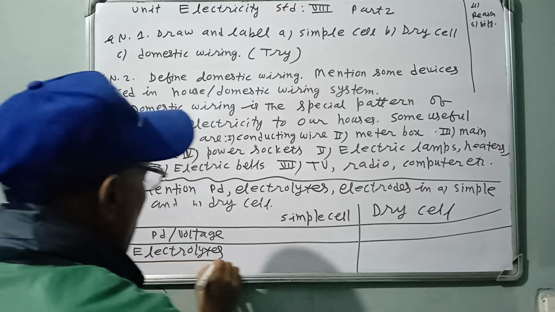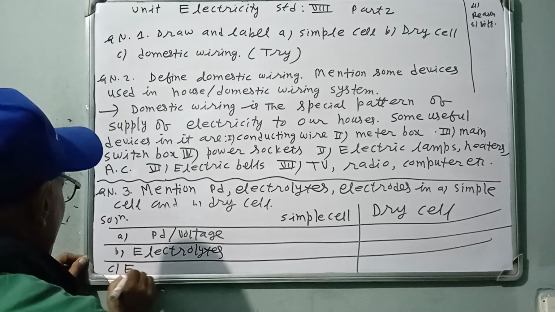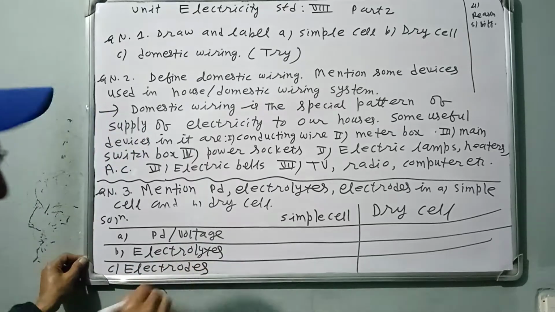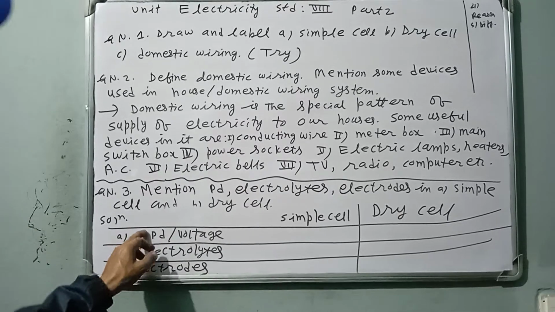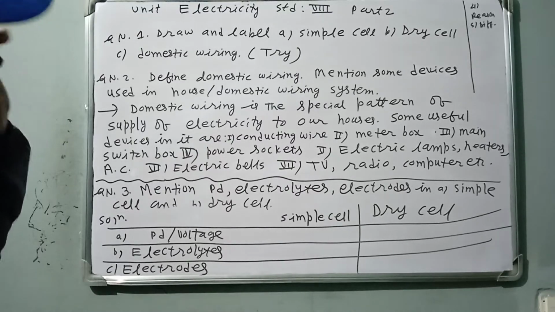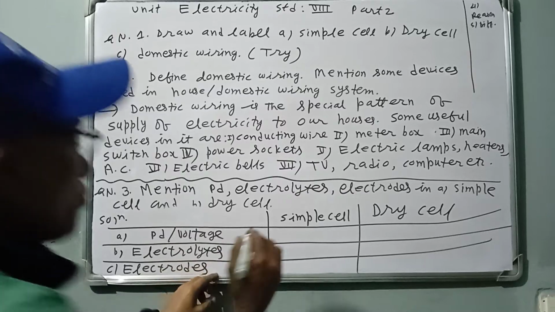Electrolytes and electrodes. Before writing PD or voltage, potential difference or voltage in a simple cell, can you say PD voltage 1 volt?